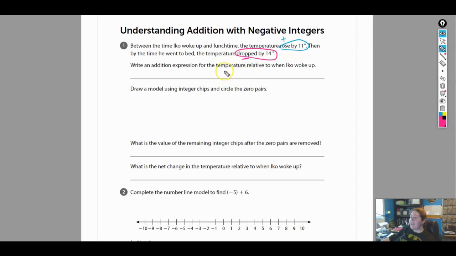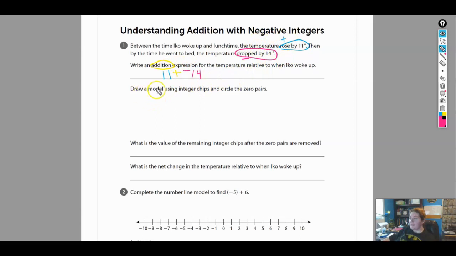So if I have to write an expression and my directions say that it has to be an addition expression, I'm going to take my 11, use what the directions tell me, and I'm going to use my plus, and then my negative 14. So I've got 11 plus negative 14. This is my addition expression for my problem.